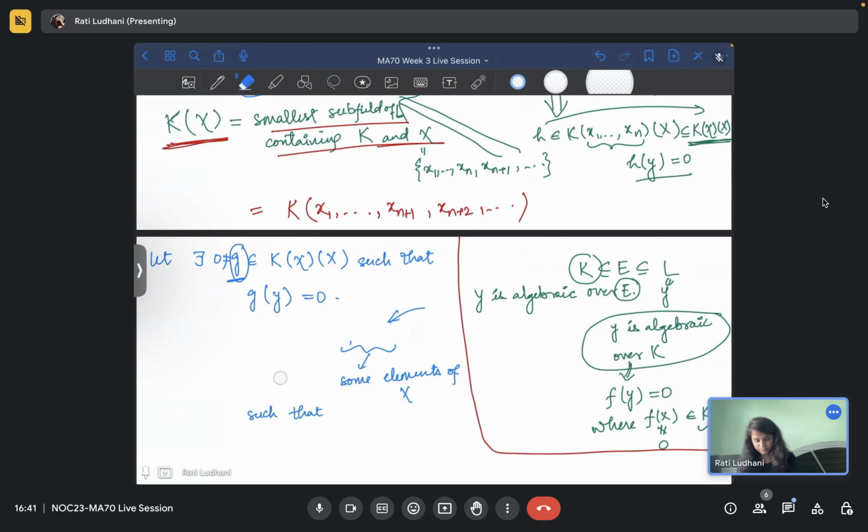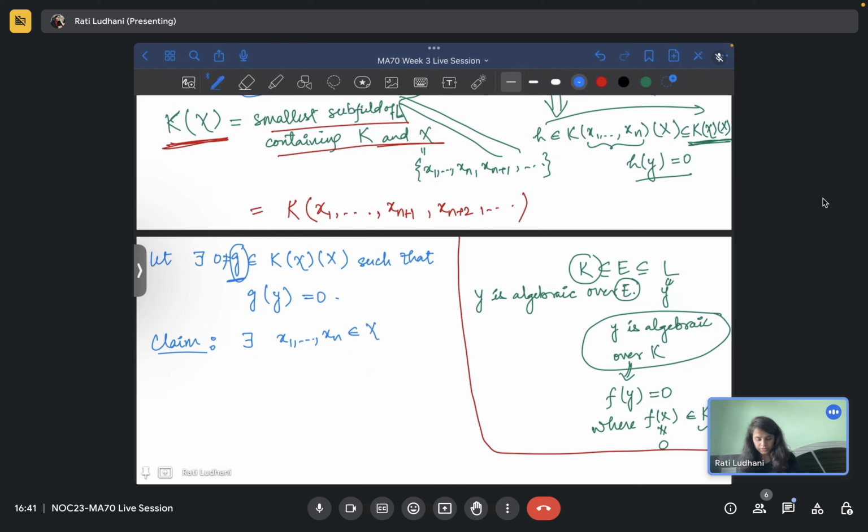So claim: there exist n belongs to N star, and x1 to xn belongs to χ, such that G belongs to k(x1 to xn)[x].